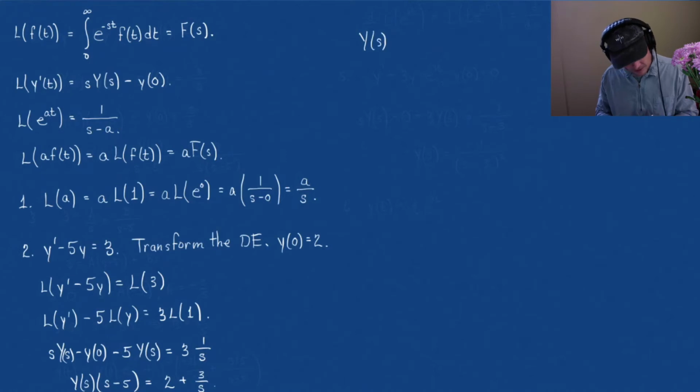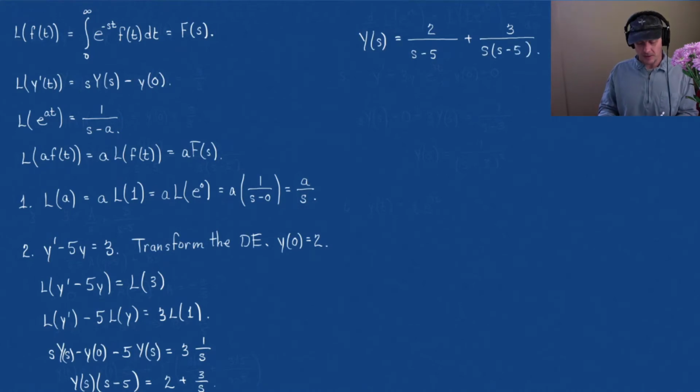So I have y of s equals 2 over s minus 5 plus 3 over s times s minus 5. Okay, that would be the transformation, the Laplace transform of our differential equation.